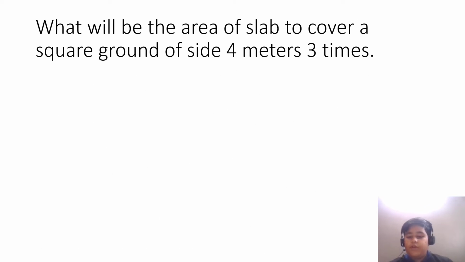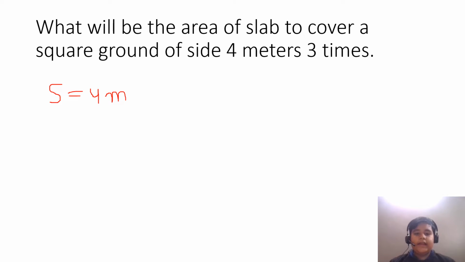Now we will move towards our third question, which is: what will be the area of slab to cover a square ground of side 4 meters 3 times? It means that the shape of the ground which is to be covered with slab is a square, and each side of that square ground is equal to 4 meter.